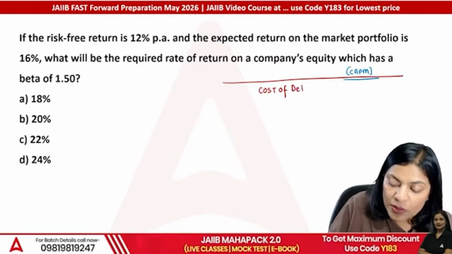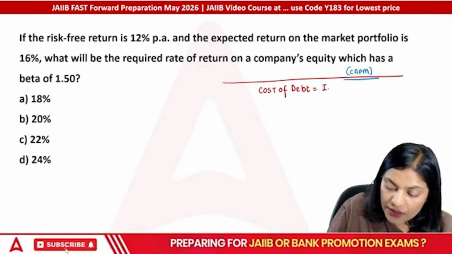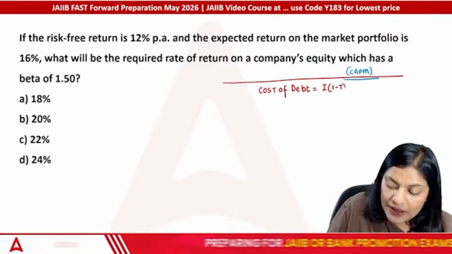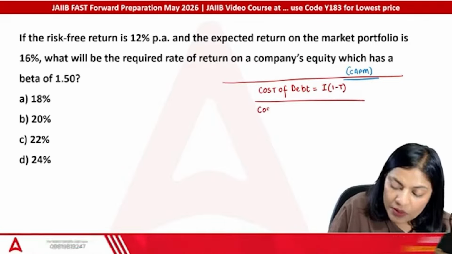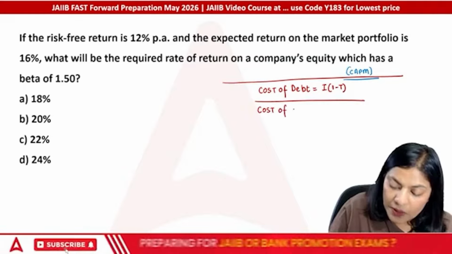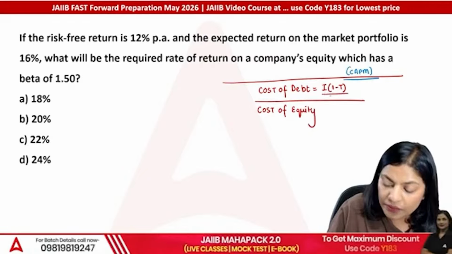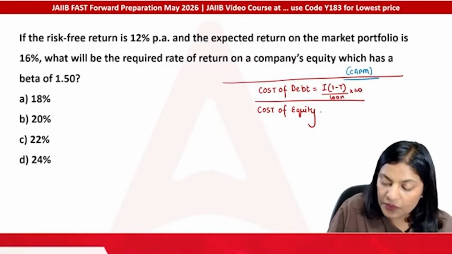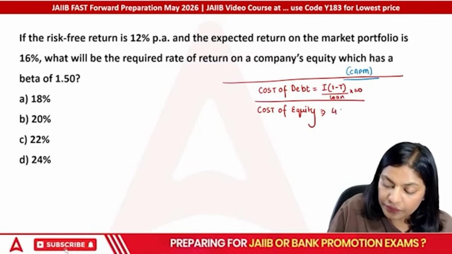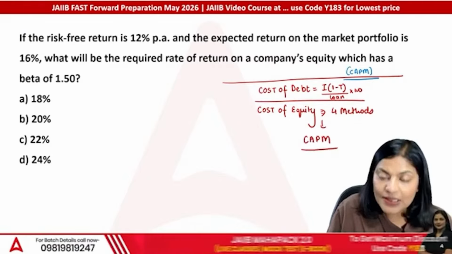Cost of debt would be interest times (1 minus tax), whereas for cost of equity there is not one method, there are 4 methods. One among them is CAPM, which is the capital asset pricing model.